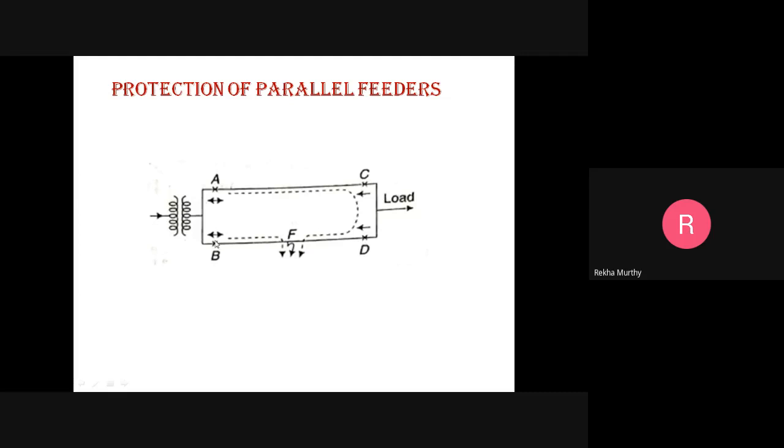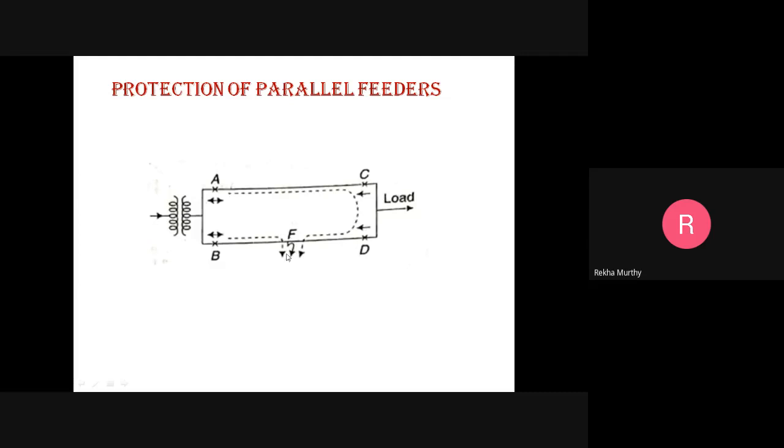The relay at B will also trip for a fault at F. Thus we can say that the faulty feeder is isolated and the supply of the healthy feeder is maintained.